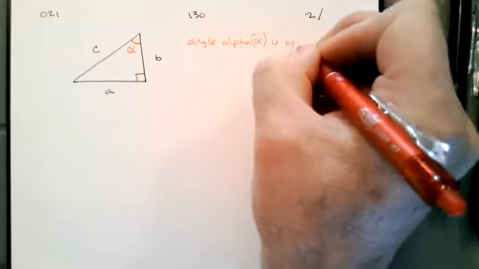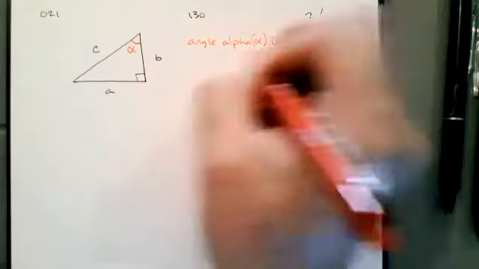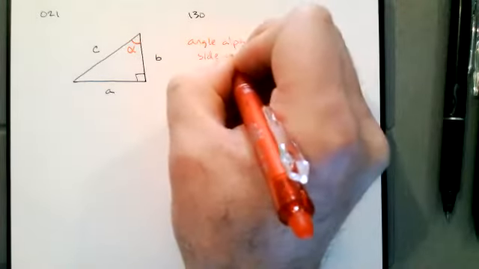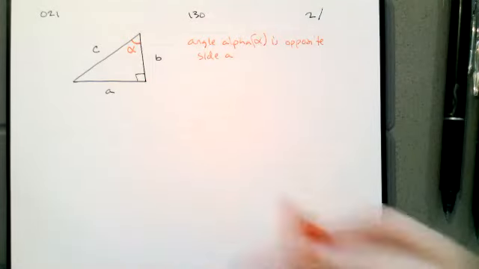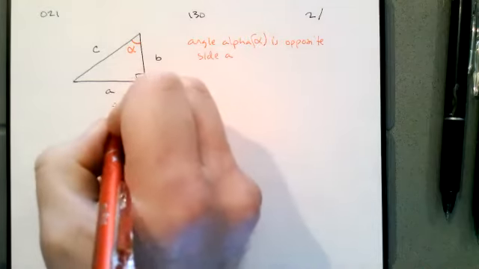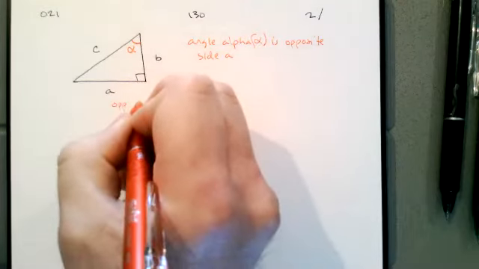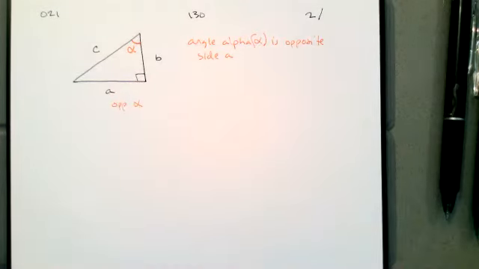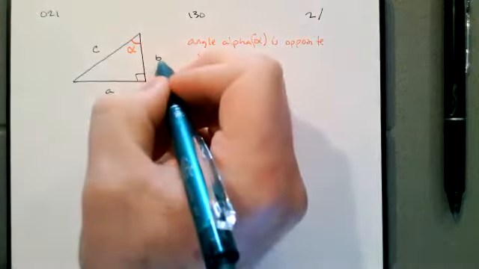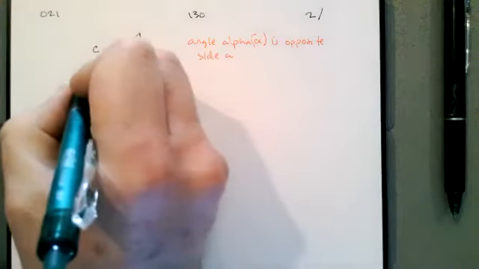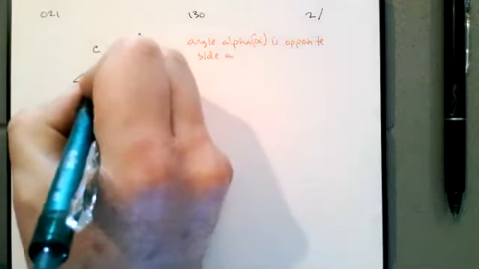is opposite side A. We could also say that side A is opposite angle alpha. So opposite side B, we're going to write the angle beta.